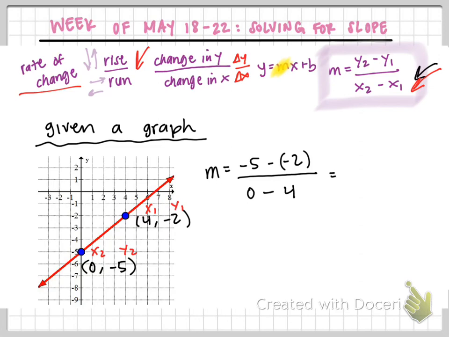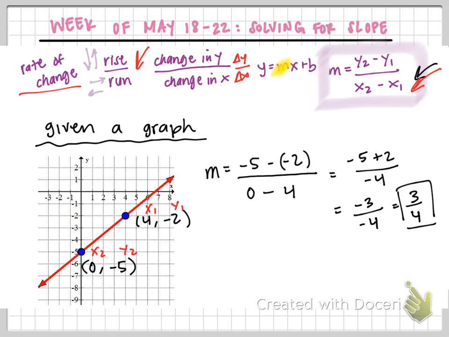Simplify. Negative times a negative is a positive. 0 minus 4 gives me negative 4. Negative 5 plus 2 gives me negative 3, all over negative 4. Negative divided by a negative gives me a positive. So here's my final answer.